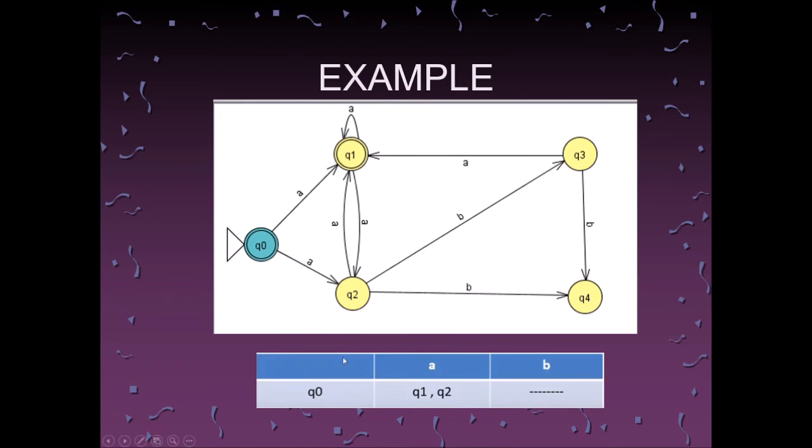First, we start with our initial state Q0, where with A we go to Q1, like this. Then, write it in the table. In the same way, for the second state, with A, go to Q2. Then, write it in the table. After, we check that no state goes to B, so we don't write anything here.